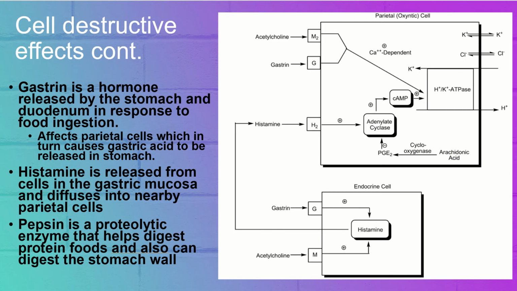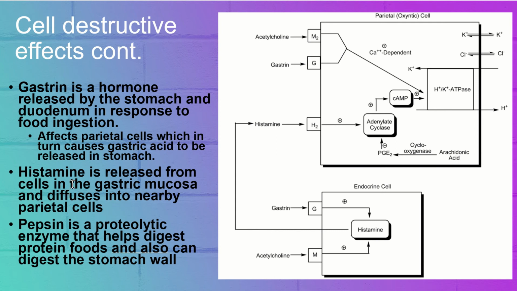So continuing on these cell destructive effects, gastrin is a hormone released by the stomach and duodenum in response to food ingestion. So it affects parietal cells, which in turn causes gastric acid to be released in the stomach.